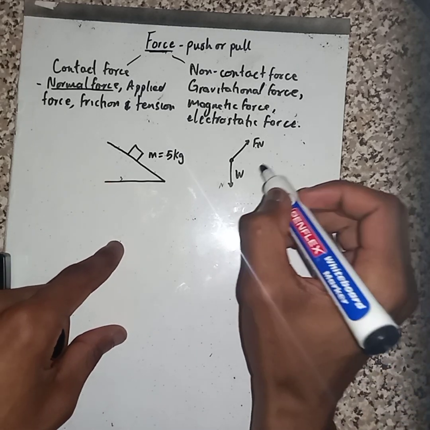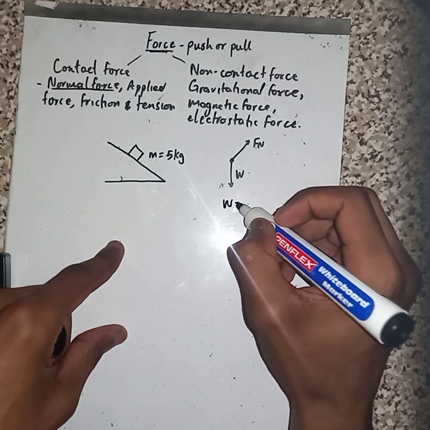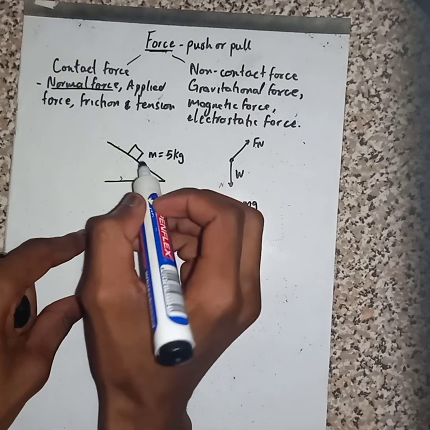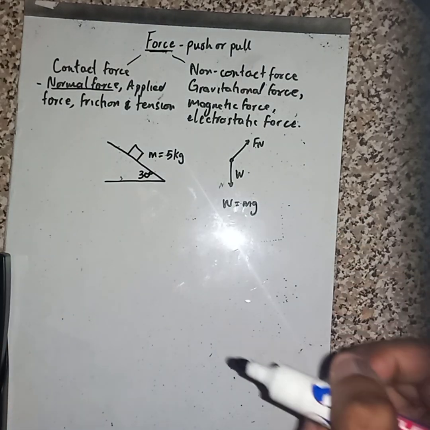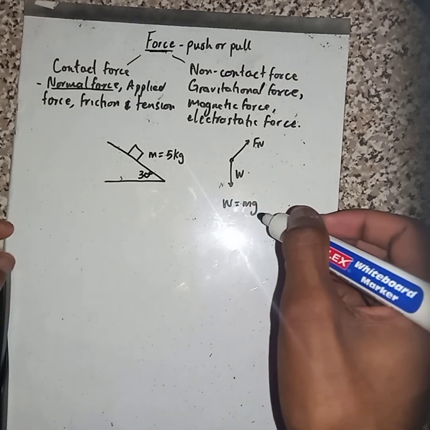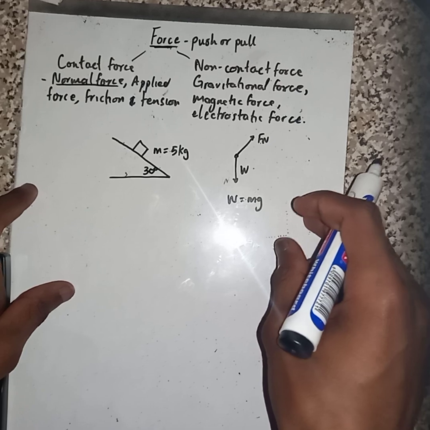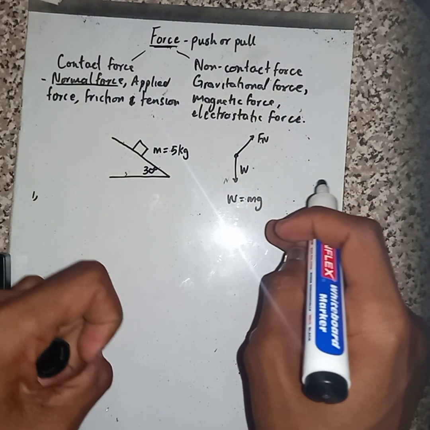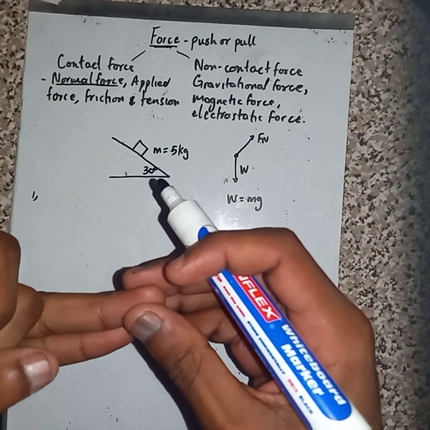And don't forget that we use this formula, W equals mg, to calculate the weight. Let's say it was 30 degrees here. Suppose now I decide to ask you to calculate the weight, parallel component, and also perpendicular component.